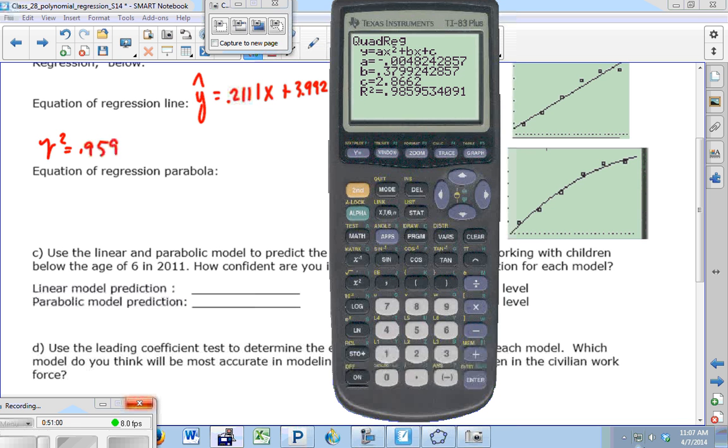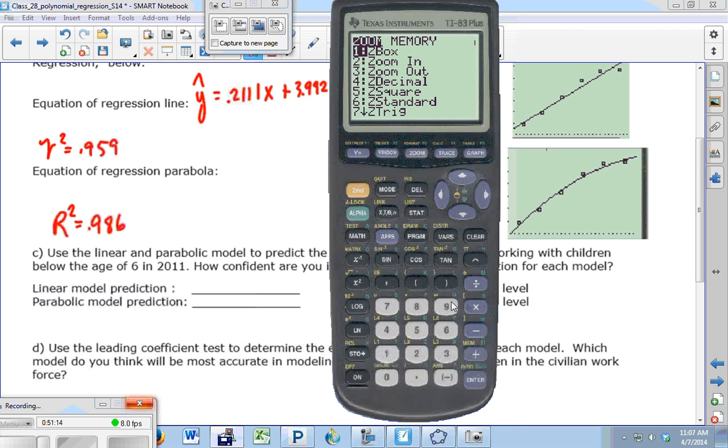Now, I don't see the whole function, but that's what I know about its end behavior. R squared, notice big capital R now is 0.986, so it's a better fit. So when I look at the plot, Zoom 9, you see that the curve here is much closer. Well, it was close with the line, but that fits that data pretty well.